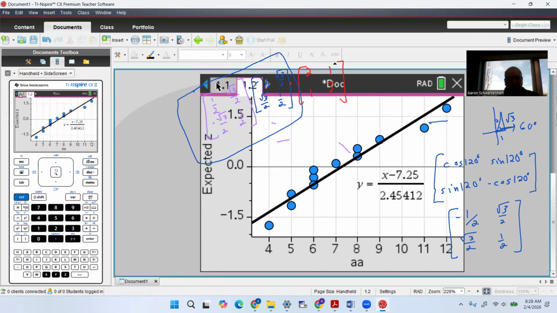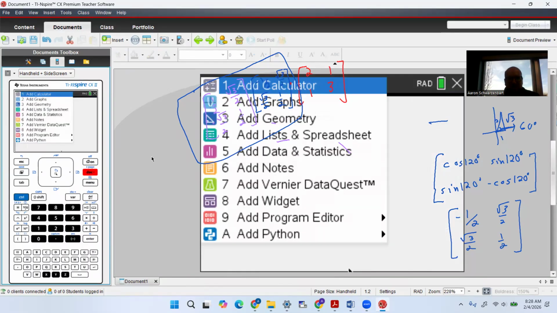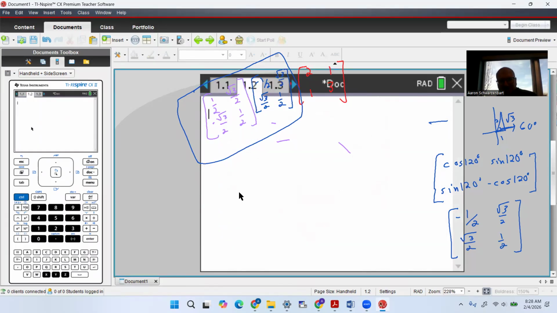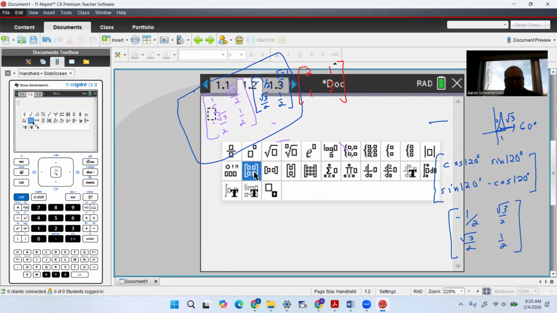So we're going to go to the calculator. I guess I need to add a calculator screen to this. And I'm going to type my two matrices. Wish they weren't written in the same spot, but they're both 2x2s.